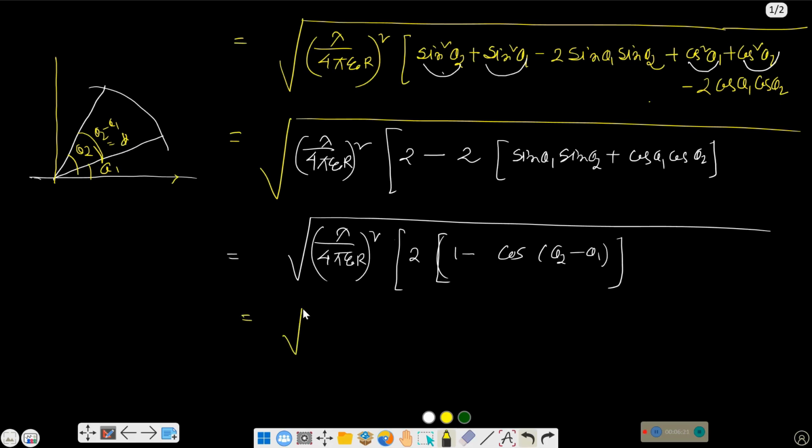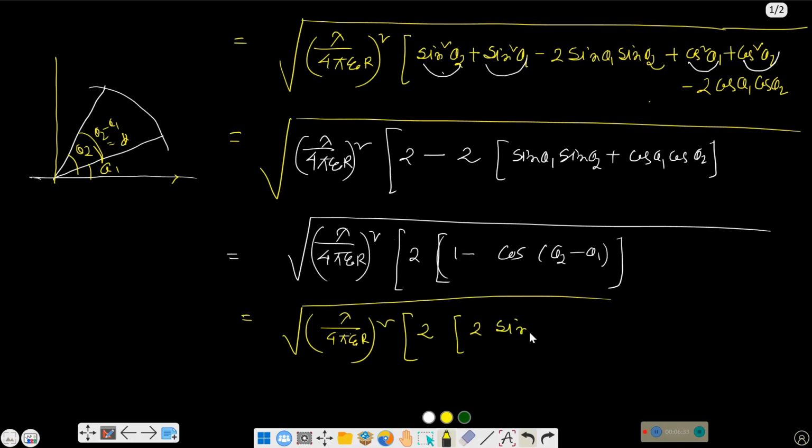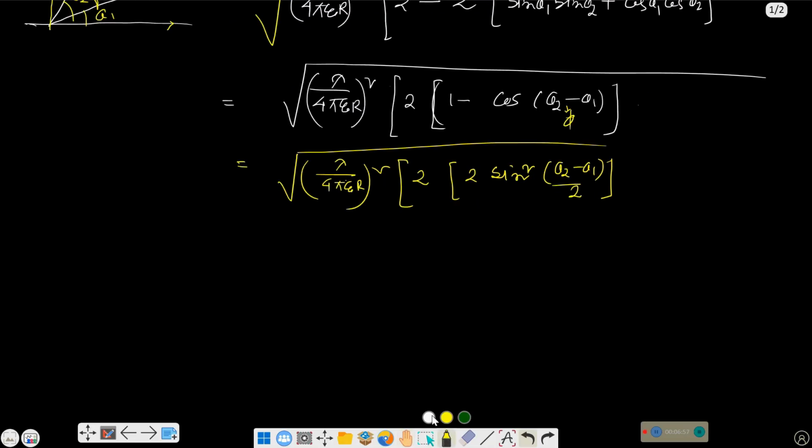So from this we can write it as lambda by 4 pi epsilon naught r whole square, taking 2 common, this is 2 sine square, cos of theta 1 minus theta 2 is phi, so 2 sine square of theta 2 minus theta 1 by 2, because theta 2 minus theta 1 is phi. So we will be left with k by r all square.